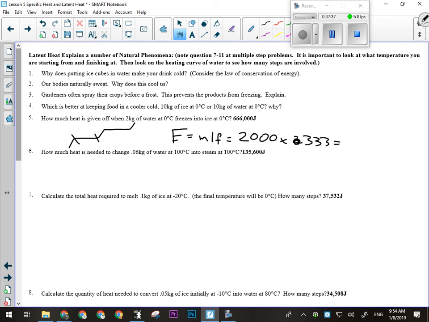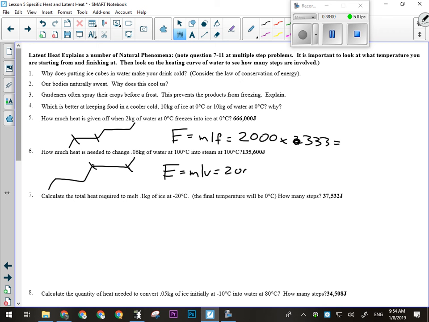Is number 6 similar to number 5? I start with water at 100 degrees and I'm moving into steam at 100 degrees. Again, there's no temperature change here, just a state change from liquid water to steam. So the only calculation I have to do here is m times L_v.